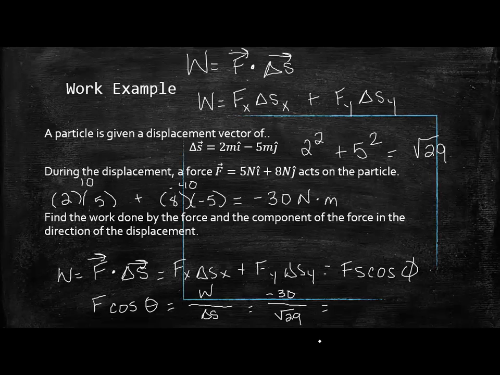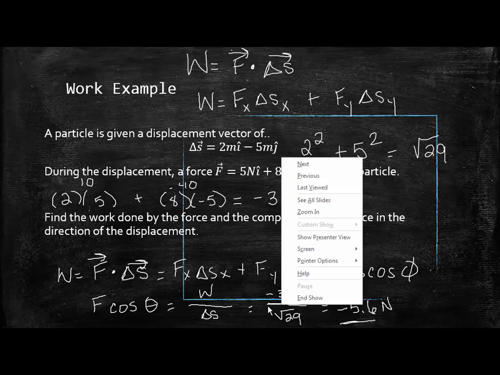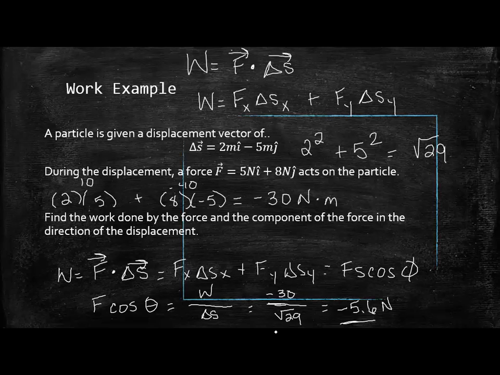So we end up doing negative 30 divided by the square root of 29 to find the force that's acting in that direction, which we get about 5.6 newtons, negative. And the negative sign makes sense because the object is experiencing negative work. So the component of the force that's creating that negative work, of course, is going to be a negative number.